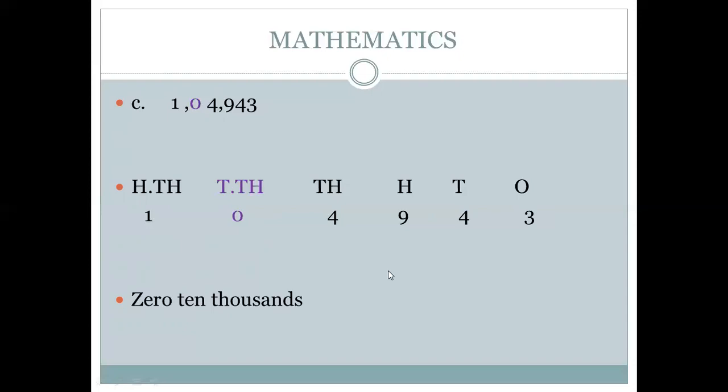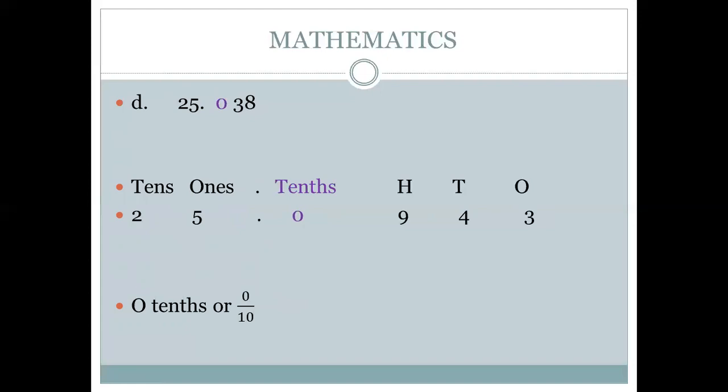Okay. Now come to part D. Again the decimal part. 25 is before the decimal, so it means we mention ones and tens. And after the decimal, there are 3 digits, 0, 3, 8.